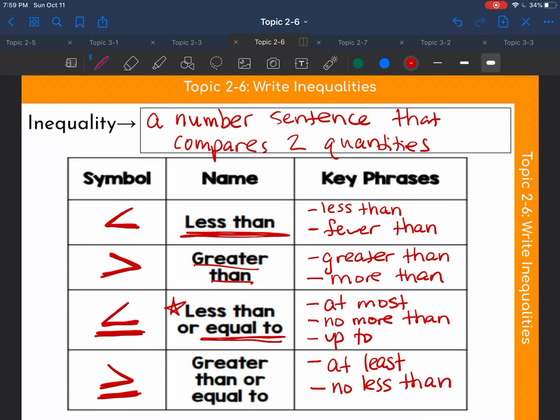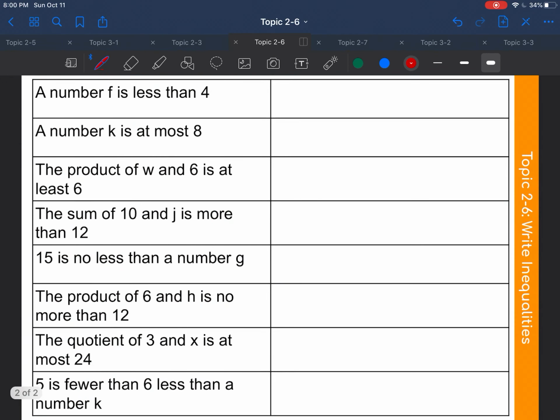These phrases are important because we are going to be reading a sentence and writing the inequality based on what the sentence says. Let's look at some examples. A number is less than 4. We have our variable f.